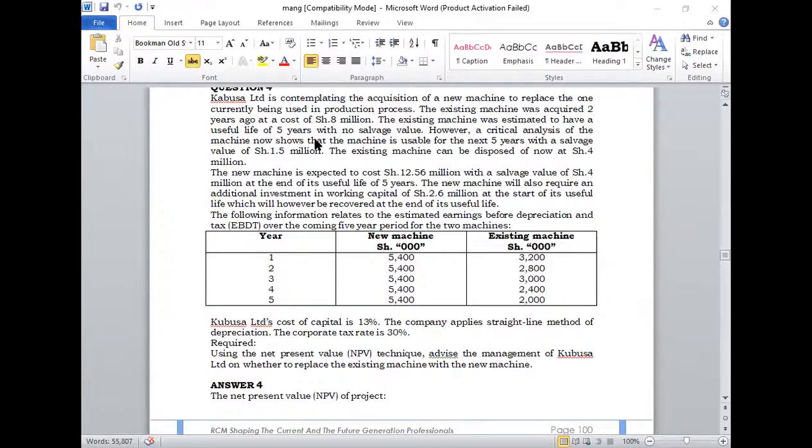Leave alone this other paragraph which could really confuse you. This other paragraph will be coming in later. We'll be computing depreciation for purpose of comparing later. This one which says, however, a critical analysis of the machine now shows that the machine is usable for the next 5 years with a salvage value of 1.5, leave this one.